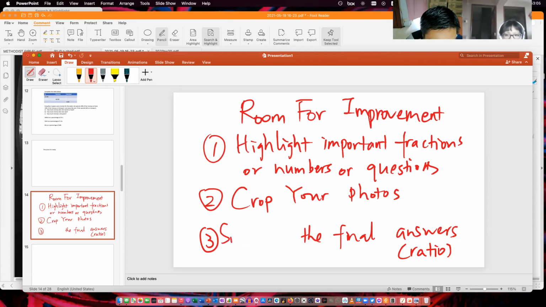Simplify. Why? Why you need to simplify? Because if you don't simplify, it's wrong. Correct. Okay, so I will check whether you have done these 3 in the next homework.